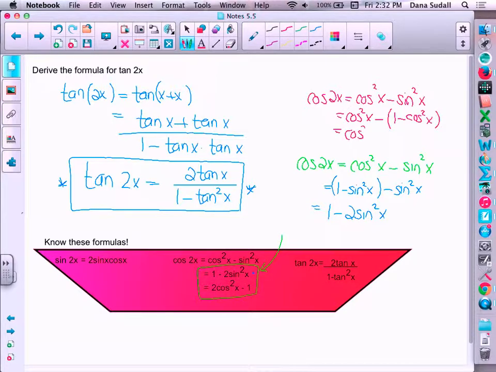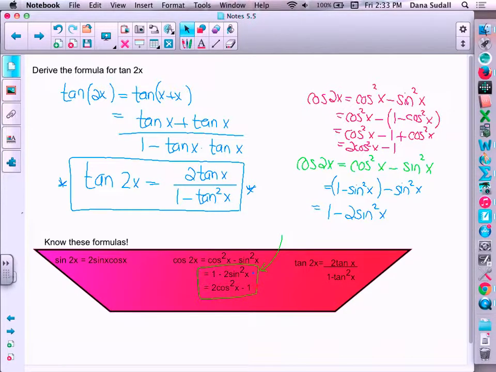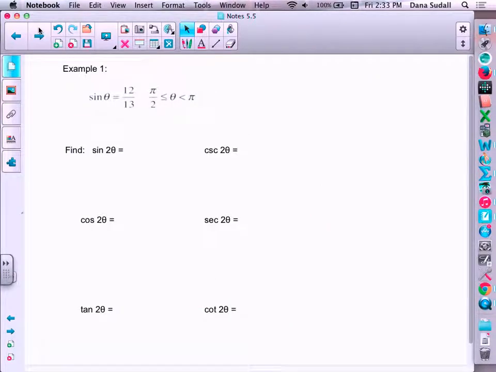So you have cosine squared minus 1 minus a negative, which would be a plus cosine squared, which gives us 2 cosine squareds. So that's where that third identity comes from. If you know this first one, though, you can always come up with those other 2 by just replacing, like we did there. All right, so let's try a few of these problems then.